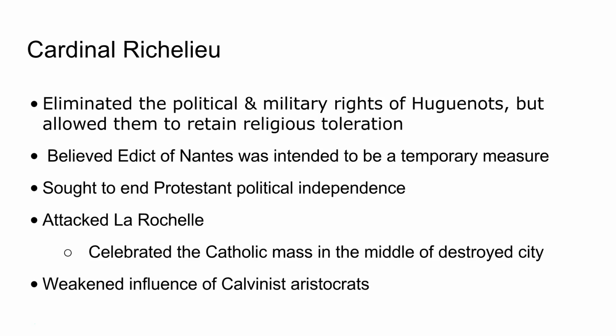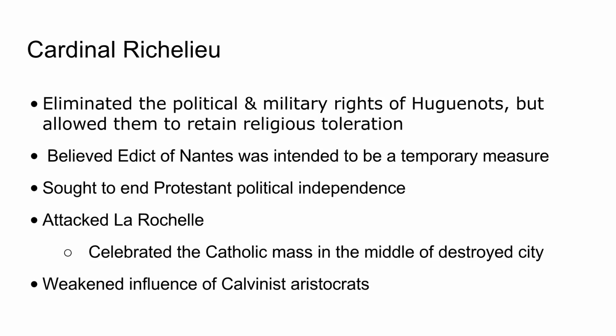So the goal was to end Protestant independence, and he's successful at that. And some places resent that and don't want to go along with that. One of those, the famous city, is La Rochelle. They refuse to tear down their walls and give up their political independence. So Cardinal Richelieu attacks them, very quickly demolishes the city, completely destroys it, and then, just to rub salt in the wound, celebrates the Catholic Mass in the middle of that destroyed city.